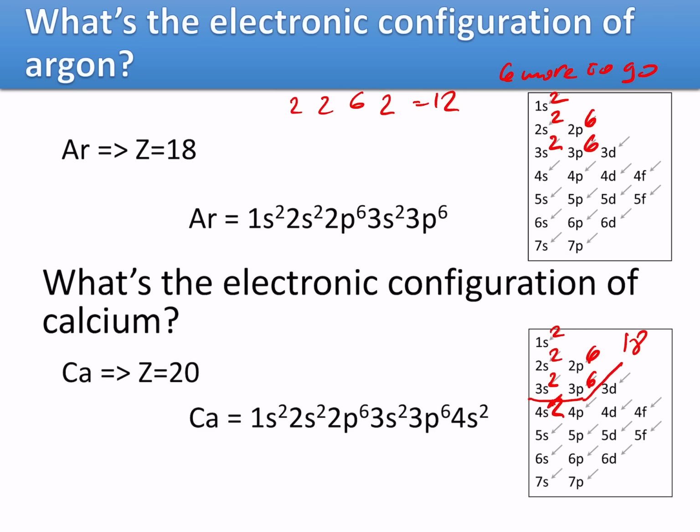It's really important that you remember that those 2 extra electrons go to the 4s and not the 3d. And why is that? Well, even if the 3d belongs to a lower energy level compared to the 4s, if you look at the actual energy contained in that orbital, the 4s is actually a little lower in energy than the 3d, and therefore it sort of cheats a little bit and cuts in line, and those electrons go there instead of the 3d.